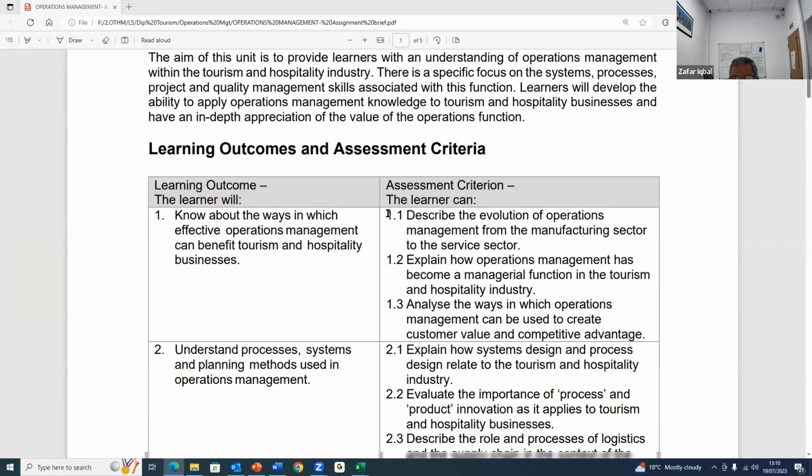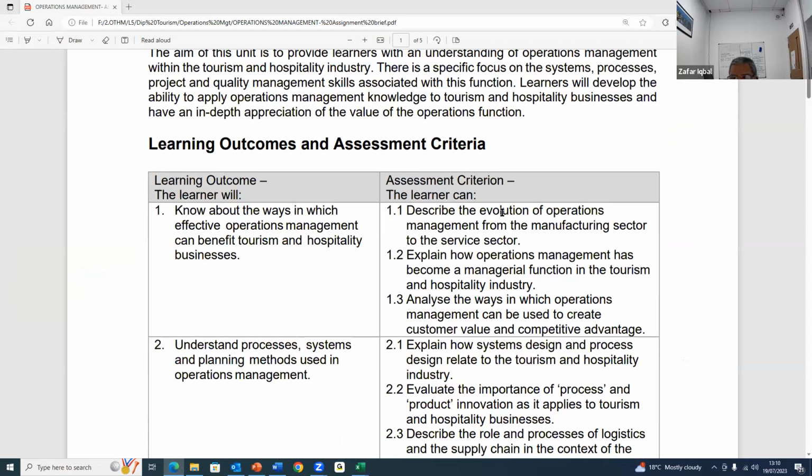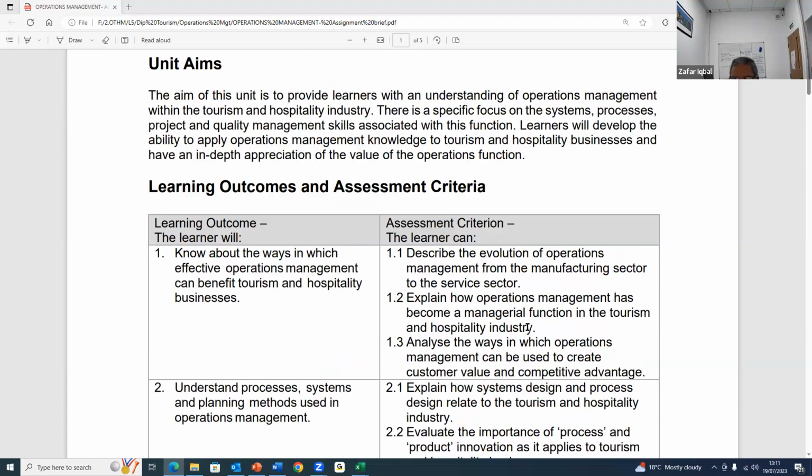The first one is to describe the evolution of operations management from the manufacturing sector to the service sector. This is one of the assessment criteria. The second one is to explain how operations has become a managerial function in the tourism and hospitality trade. And the third one is to analyze ways in which operations management can be used to create customer value and competitive advantage. So these are the three assessment criteria.